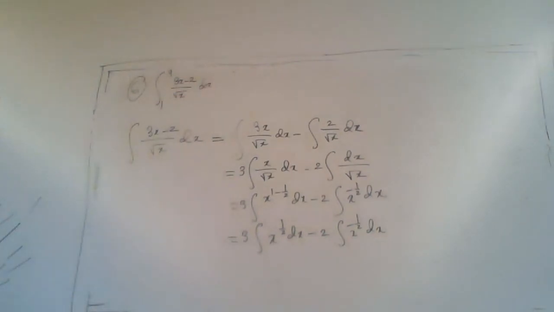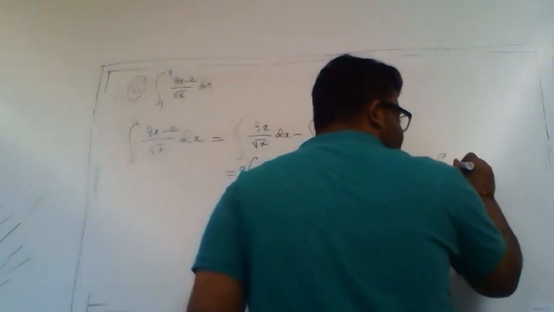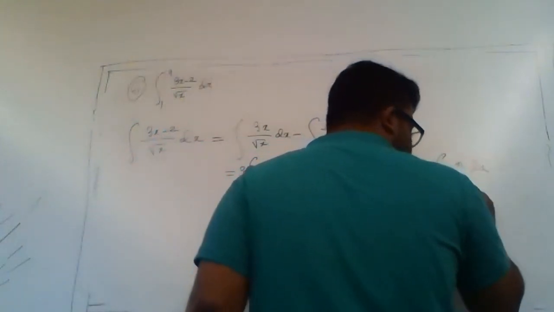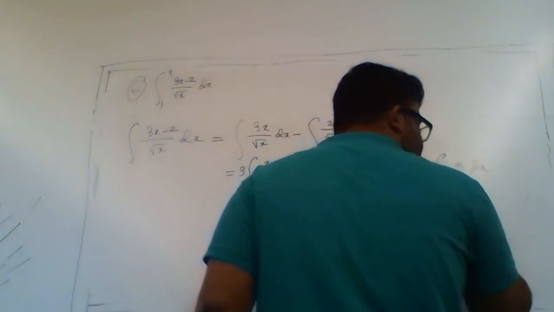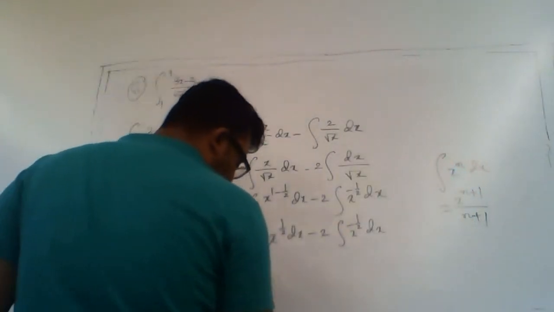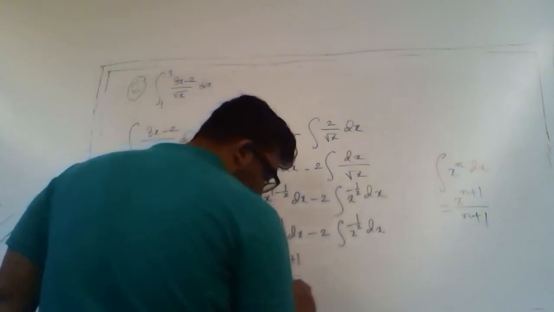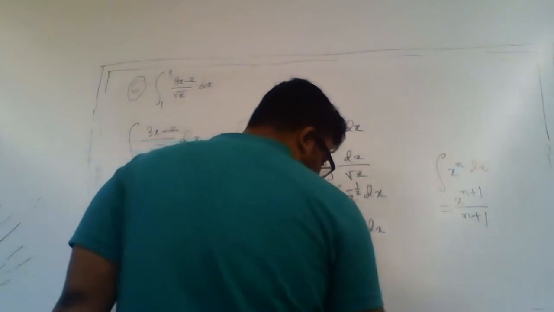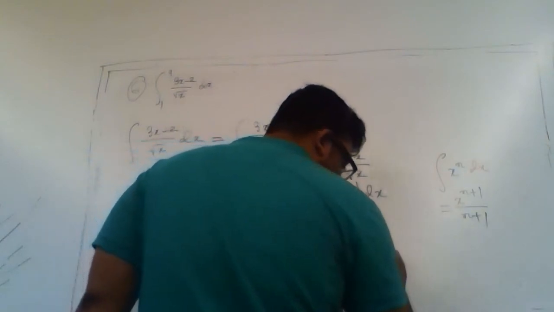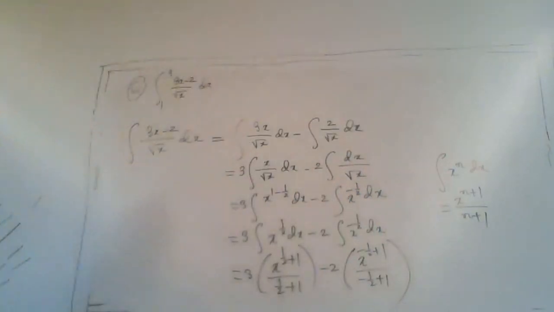Now once we have done up to this, it's very easy. Just using the formula, the integral of x to the n dx is x to the n plus 1 by n plus 1. So using that, it will be 3 x to the power half plus 1 by half plus 1, minus 2 x to the power minus half plus 1 by minus half plus 1, plus c.